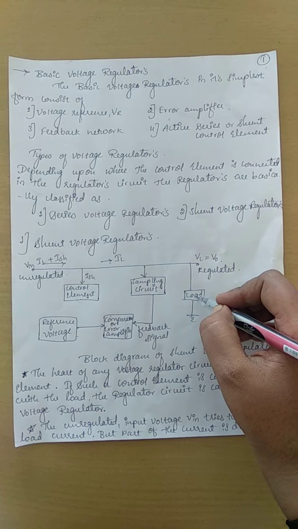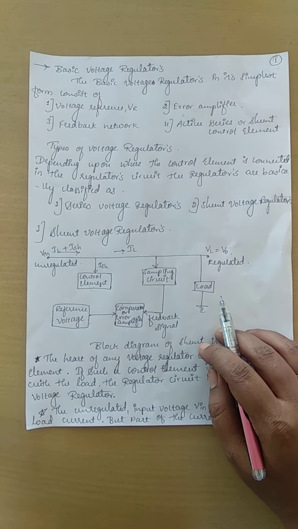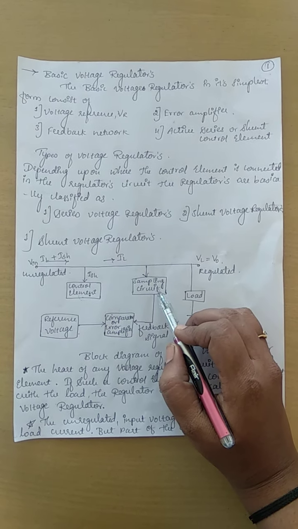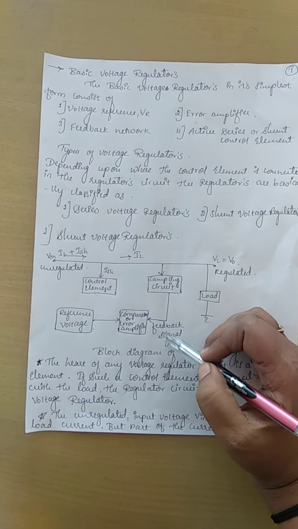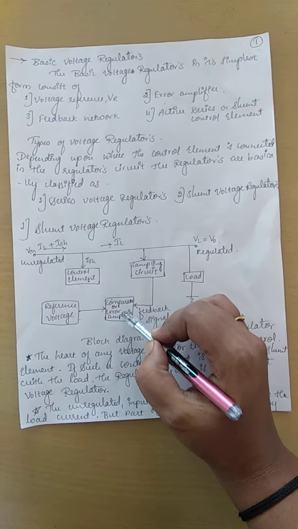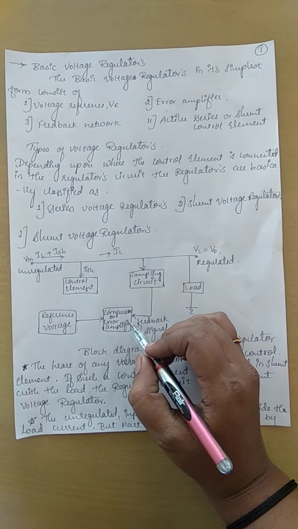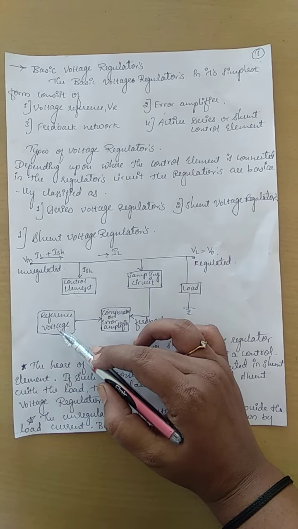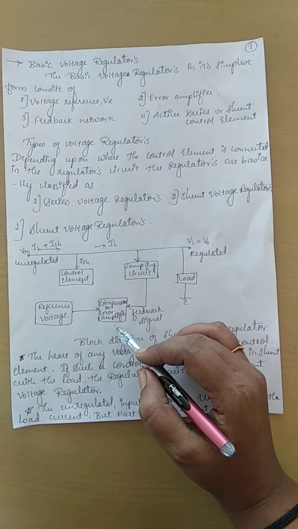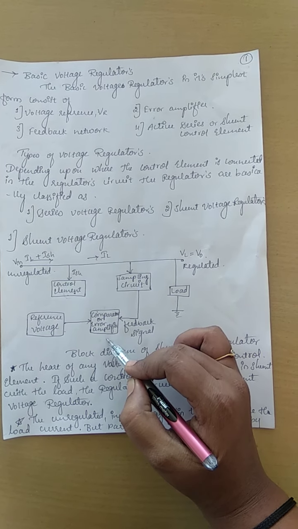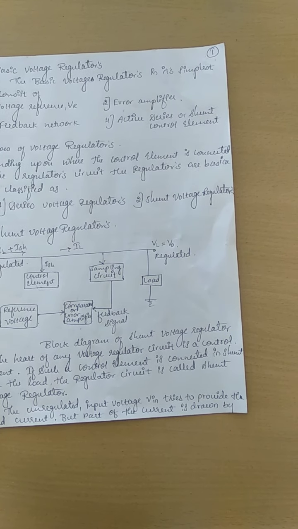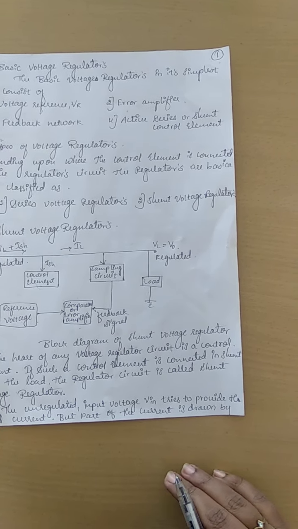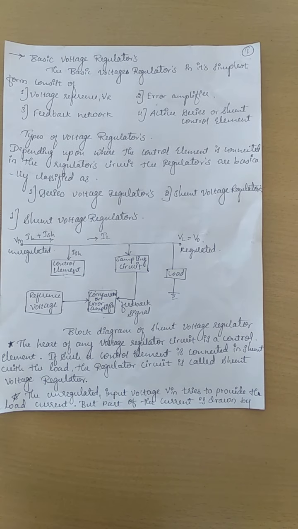If there is any change in the load voltage, the sample circuit provides the feedback signal to the comparator, where the comparator compares the feedback signal with the reference voltage, and decides how much of the load current is required to be shunted to keep the load voltage constant.